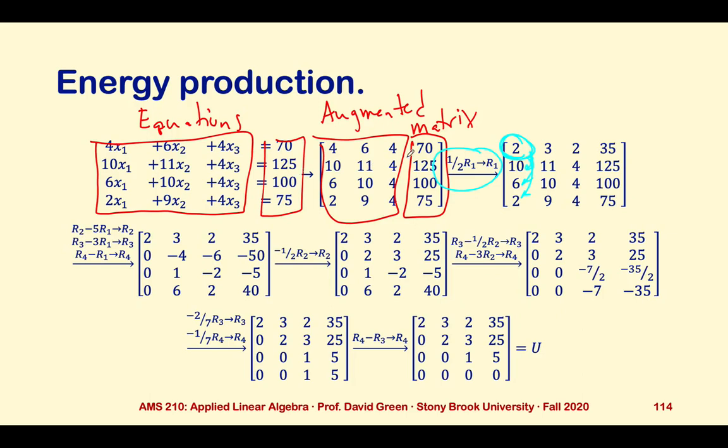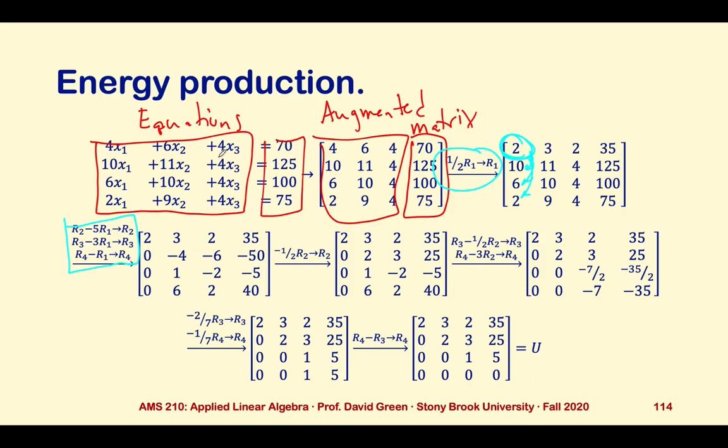And the multiples are determined by the coefficient in this entry. To eliminate a 10, we need to subtract 5 times the first row. In order to eliminate a 6, we need to subtract 3 times the first row. And in order to eliminate a 2, we need to subtract just the first row itself. That gives us our first set of operations for Gaussian elimination.